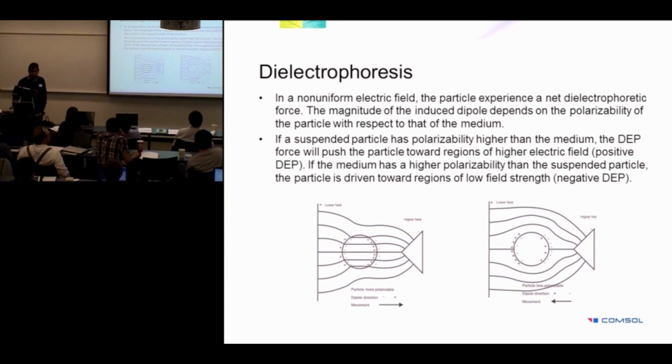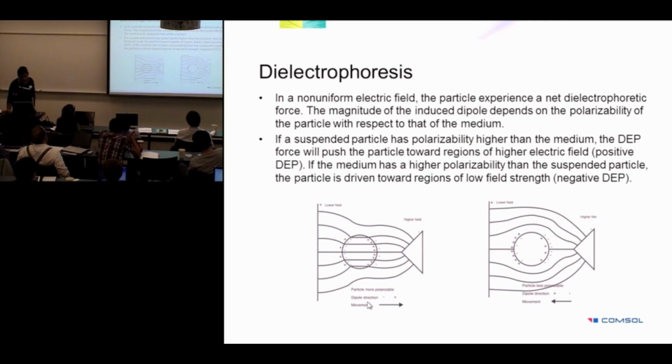So the third one, a very famous phenomenon, is dielectrophoresis. Sometimes you could generate non-uniform electric fields, and based upon the polarizability of the particle with respect to that medium, the particle can separate. So if you have an electric field here, we have a lower field in this region, higher field in this region, and particles move with more polarization.